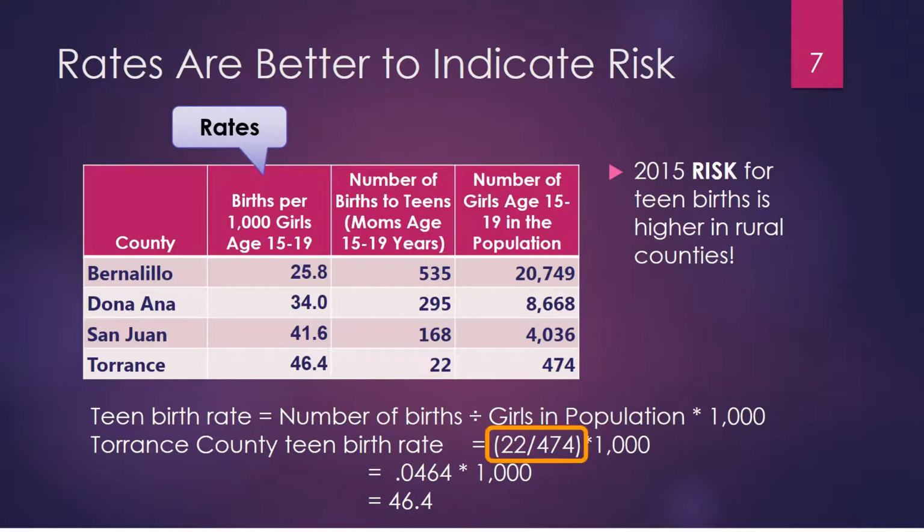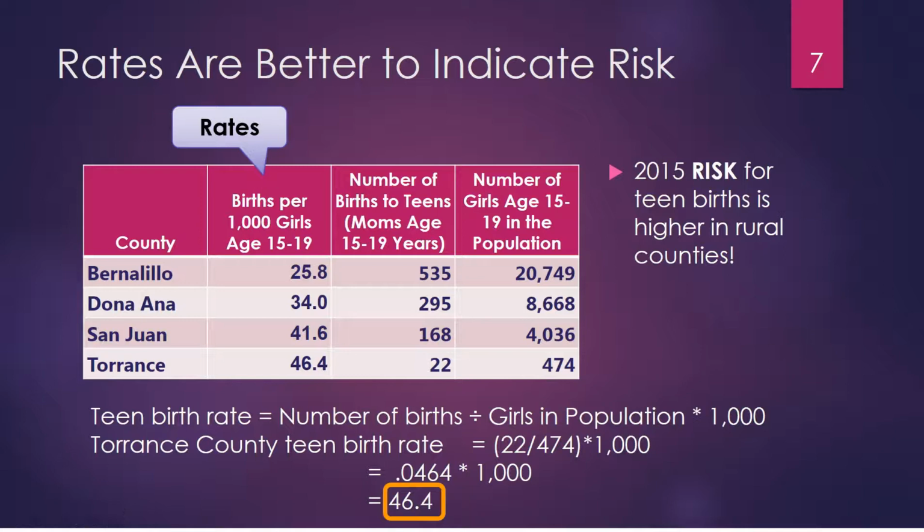That gives us a very small number with lots of digits to the right of the decimal point. So to make this number more readable, we multiply by some factor of 10, like 100, 1,000, or 100,000. That just moves the decimal point over so we have a more legible number. For teen births, using a multiplier of 1,000 gives us numbers that are easy to read.